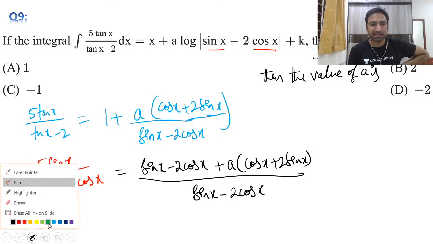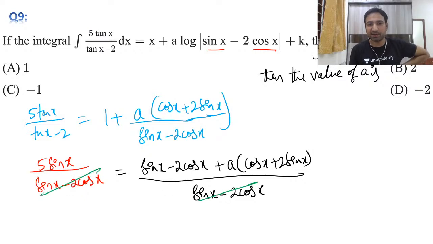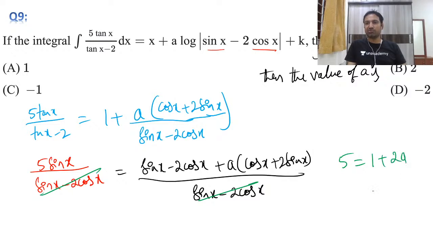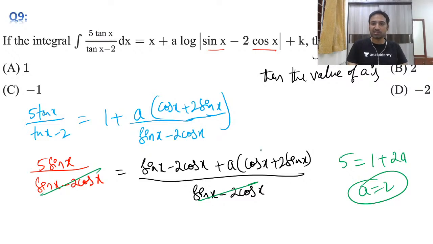So now tell me, guys, can we cancel both the denominators? Now compare the coefficient of sin x on both left hand side and right hand side: 1 plus 2a. So from this, what is a, guys? Can I say that a is equal to 2? If I take a equal to 2, even cos x and cos x also get cancelled. Yes, a is equal to 2.